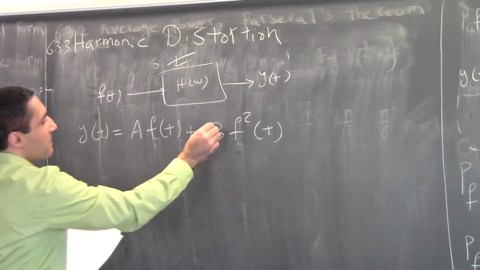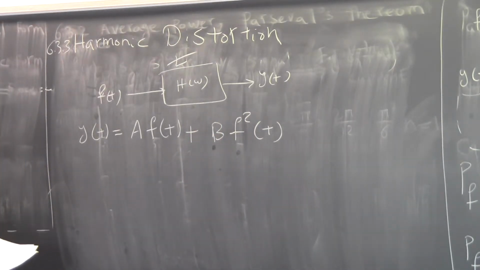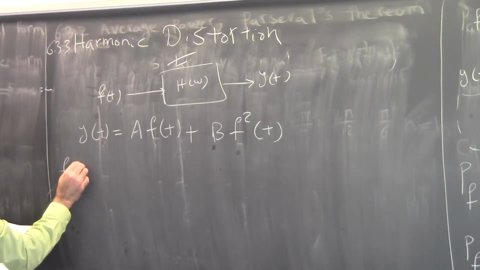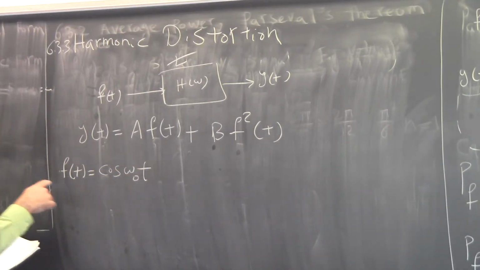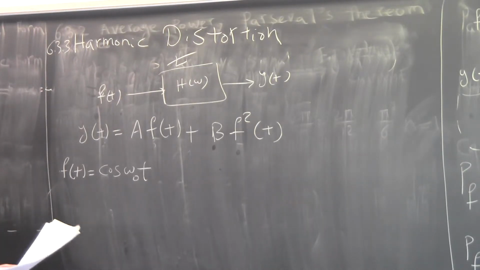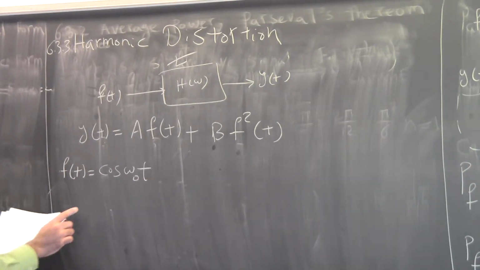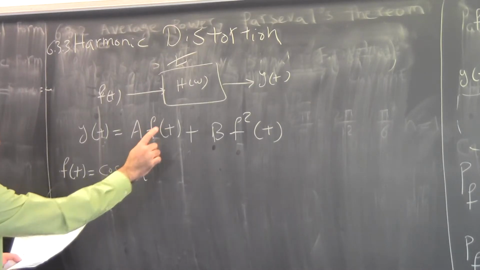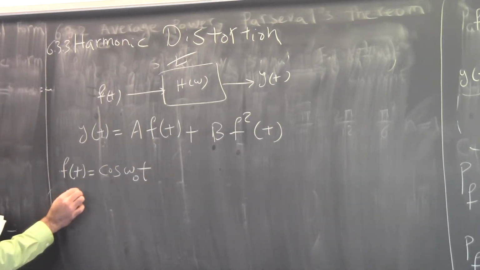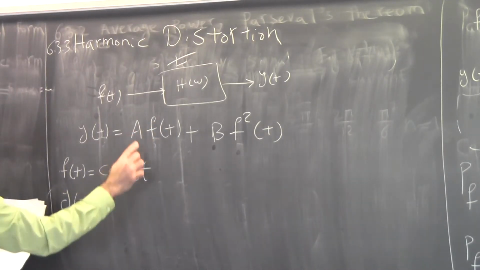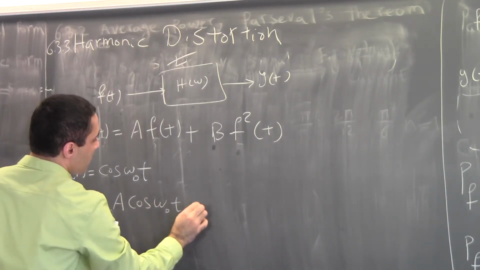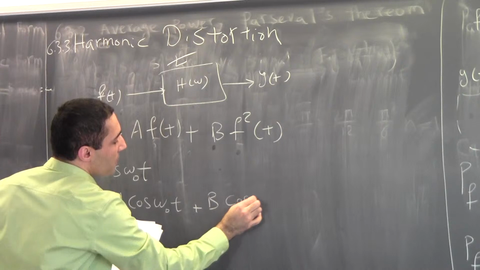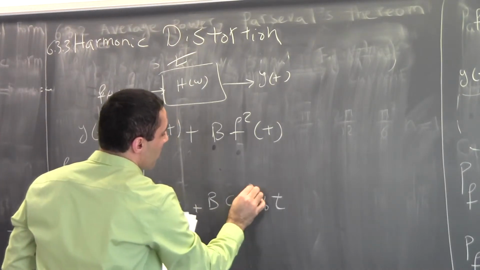So why is this bad? Why don't we like this? I give you a very quick example. If your f(t) is a pure signal, by pure I mean it's only a cosine, only one harmonic, and I apply it to this system, what I'm going to get is a cosine plus b cosine of omega 0 t squared, right?